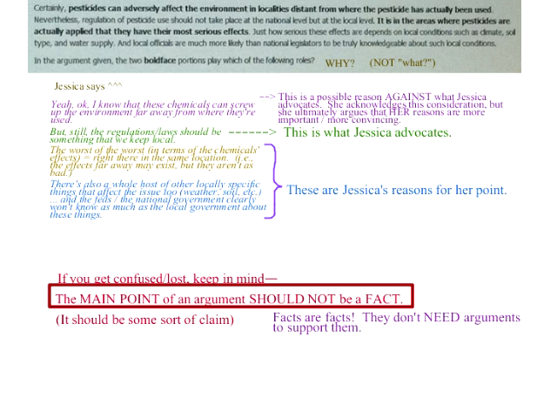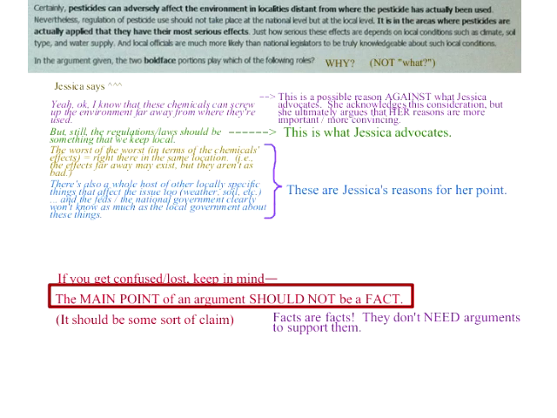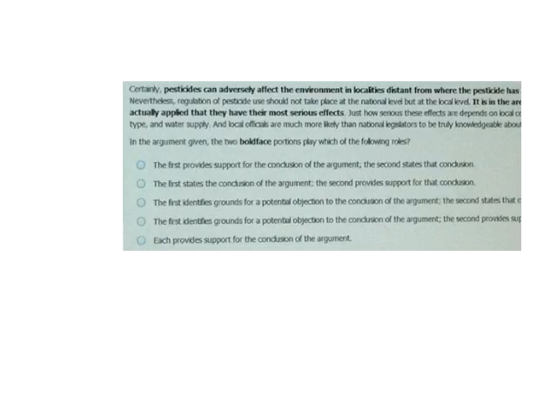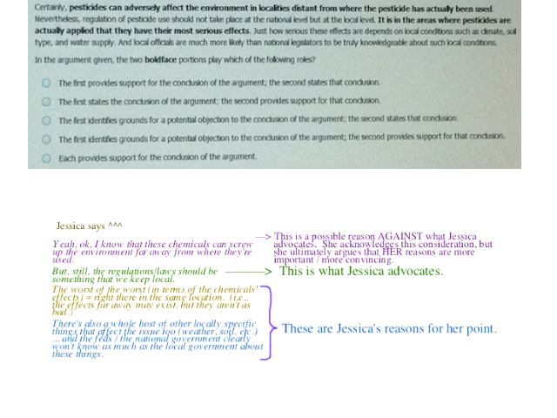The point being that you should have something in your head before you start going through the choices. So here's a new page. There's the question with answer choices, and here is our analysis from the previous page.